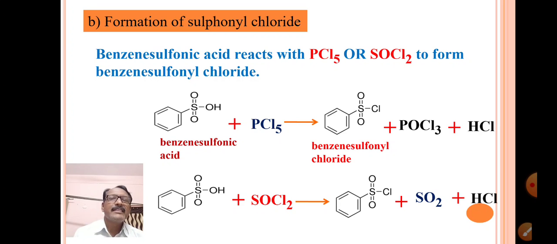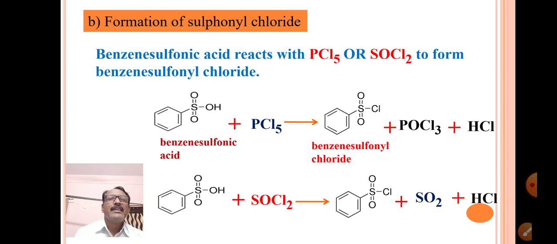In another reaction, benzene sulphonic acid reacting with SOCl2, that is thionyl chloride, also gives benzene sulphonyl chloride. Benzene sulphonic acid plus SOCl2 gives benzene sulphonyl chloride plus SO2 plus HCl.